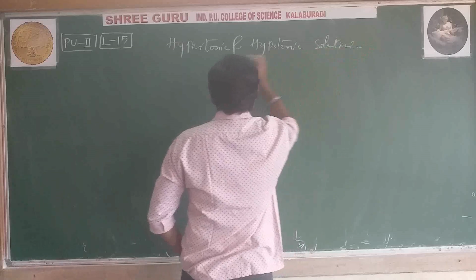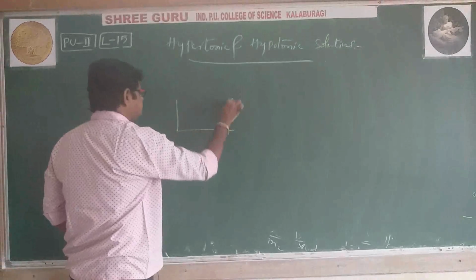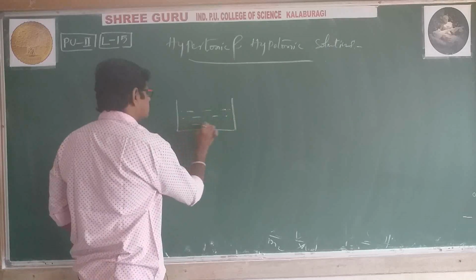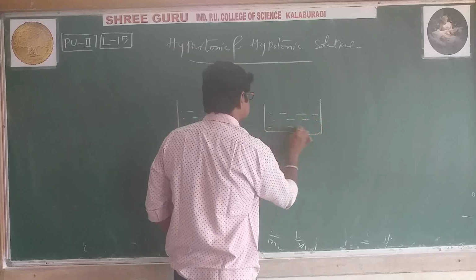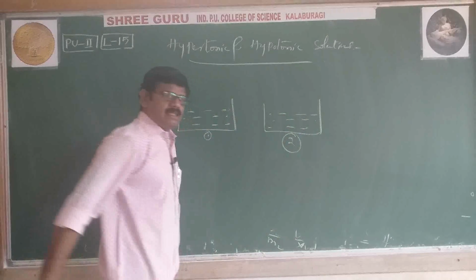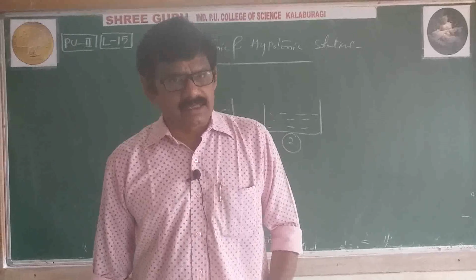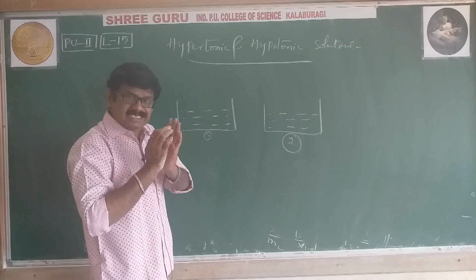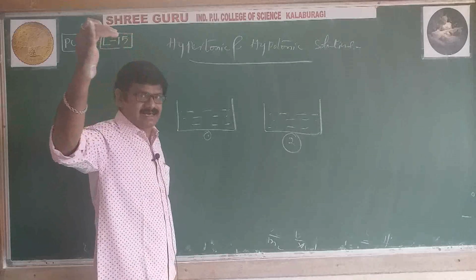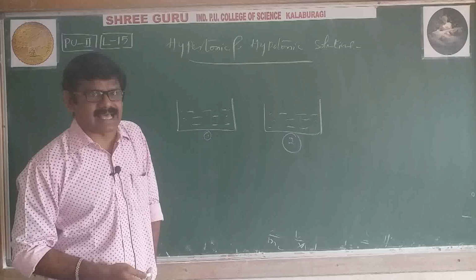Hypertonic and hypotonic solutions, let's discuss now. Very simple. It is sample 1, and it is sample 2. Now, how do we define which is the hypertonic solution and which is the hypotonic solution? Out of these two, whose osmotic pressure is higher than the other sample?